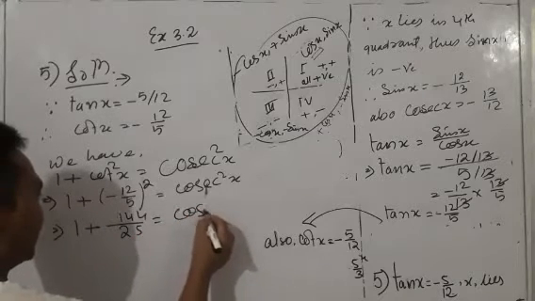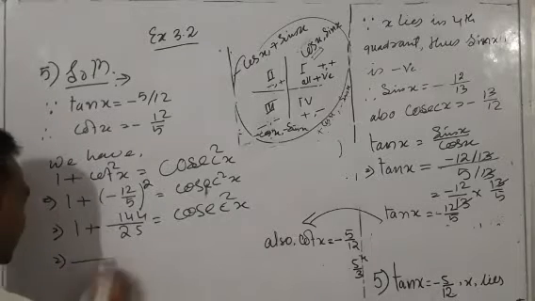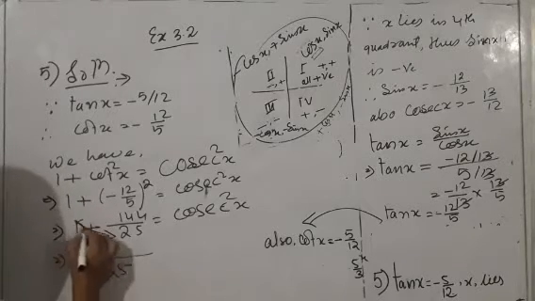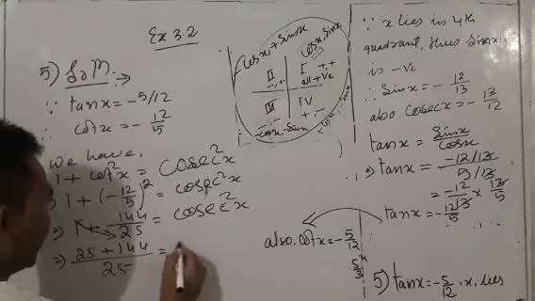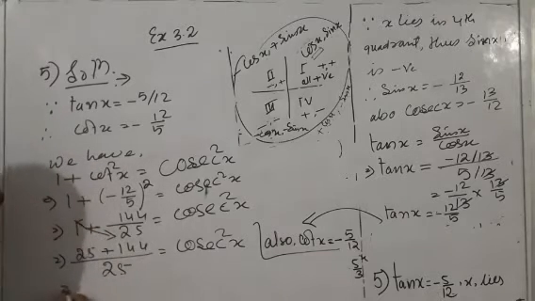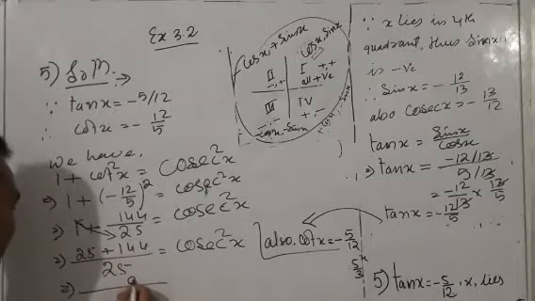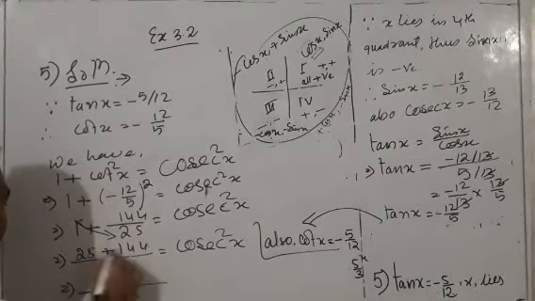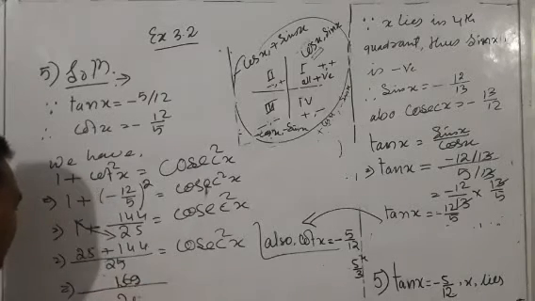So cosec square x equals 1 plus 144 upon 25. Take the LCM 25, then 25 plus 144, which gives 169.